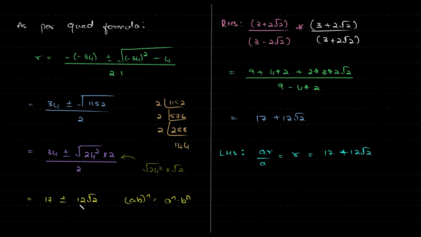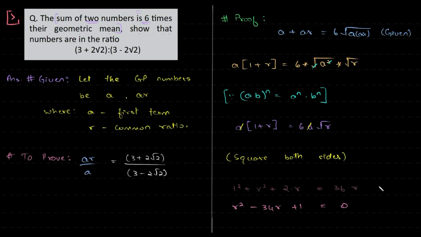This is one of the possibilities. So comparing 1 and 2, from 1 and 2, we have the LHS is equal to RHS. Okay, this is one of the possibilities and that's good enough, right? They ask to show that the numbers are in the ratio of, so I can take these numbers to be in this ratio.